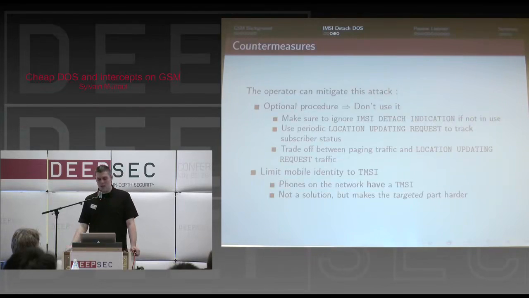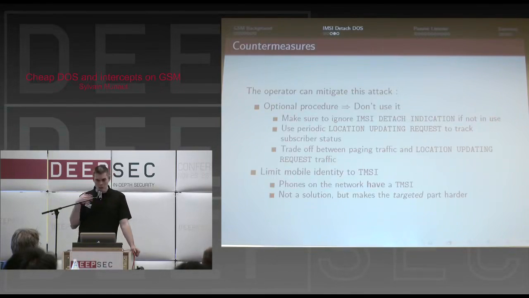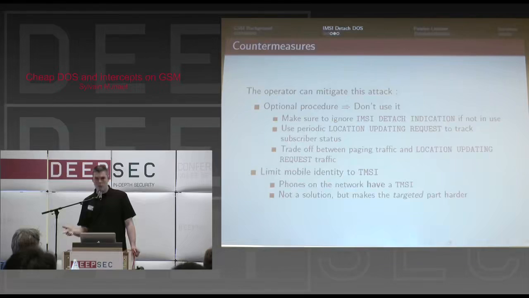Something else you can do is just refuse incoming IMSI detach where the identity is specified by IMSI. In the IMSI detach indication message, you can either detach a specific IMSI or a specific TIMSI, so either with the global identity of the subscriber or its temporary identity.